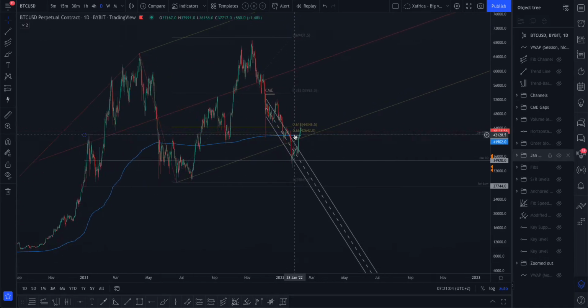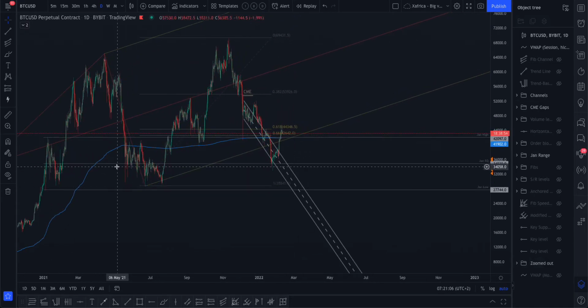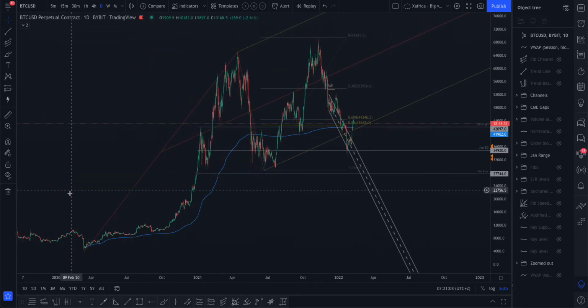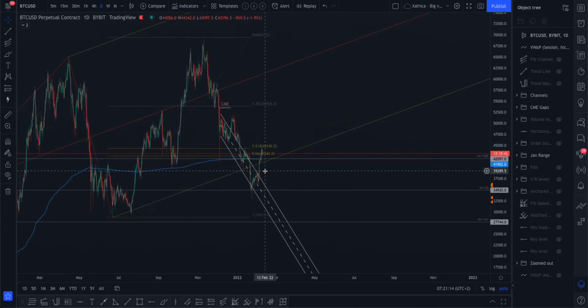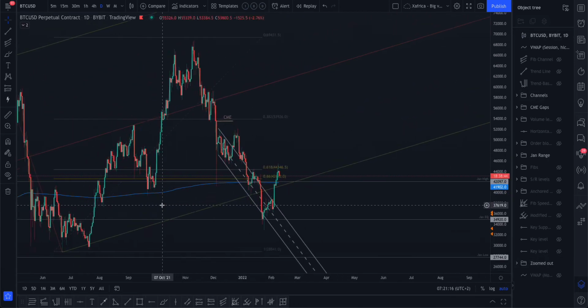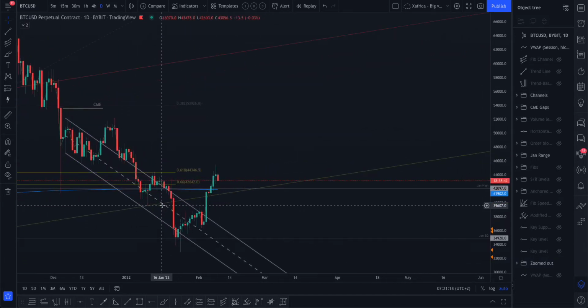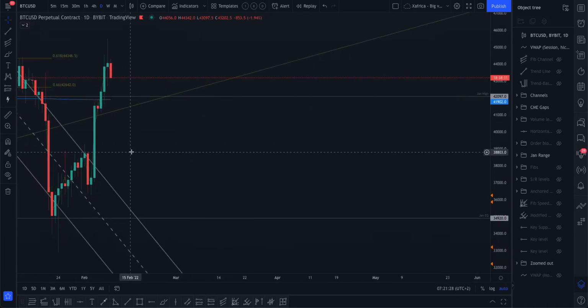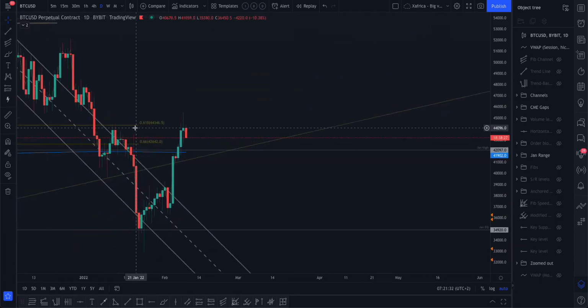Remember, the only points I used were that corona low, the high, and the low we made. I didn't do any other points, but look how accurately this has been respected. That was a perfect touch and breakthrough. Probably found a bit of resistance on that anchored VWAP and a perfect retest of that. Look at that level, man, that's so perfect.